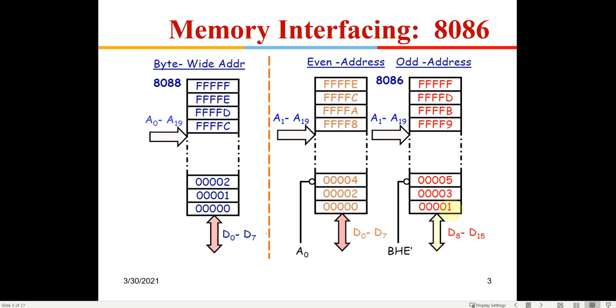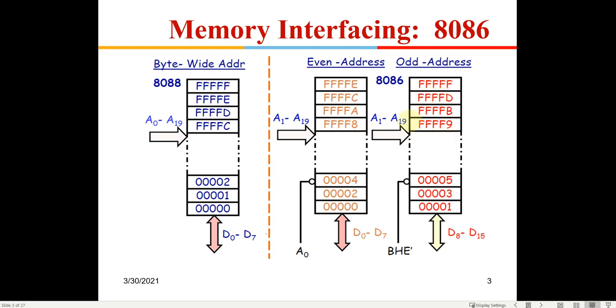And so there will be 2 different chips, which can be selected, and there are 3 different combinations. One is selecting a byte from the even address, or selecting a byte from the odd address, or selecting a word.